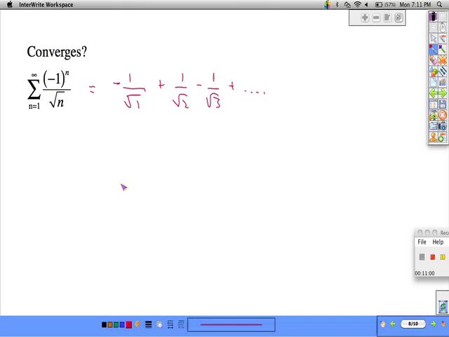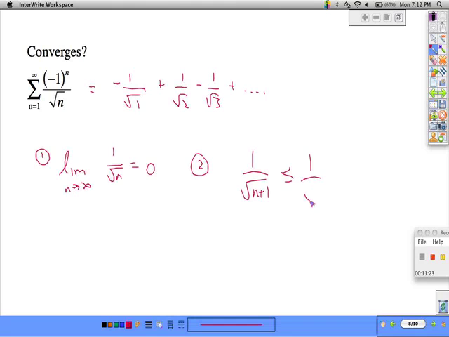I'm going to use the alternating series test and see what happens, because this clearly is an alternating series. The limit as n goes to infinity of 1 over square root n is definitely 0. That's criteria 1. Criteria 2 is that 1 over square root n plus 1 needs to be less than or equal to 1 over square root n, and that is true.